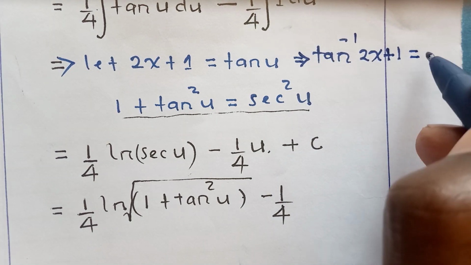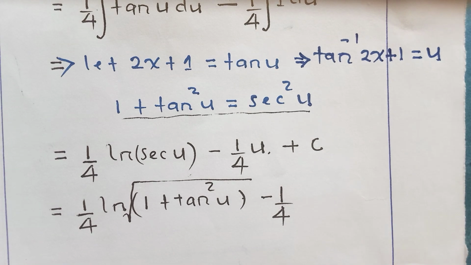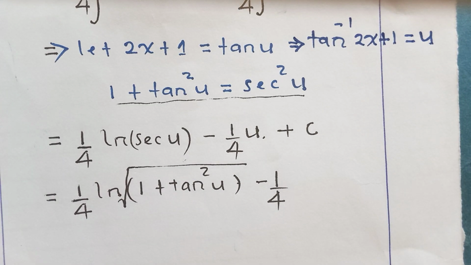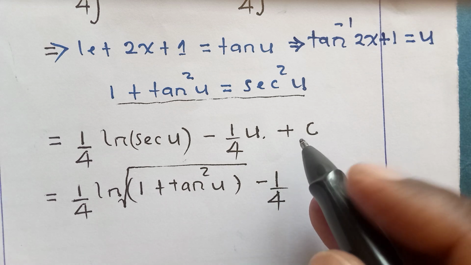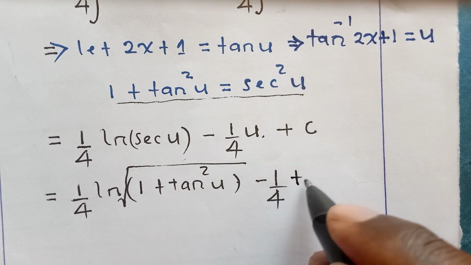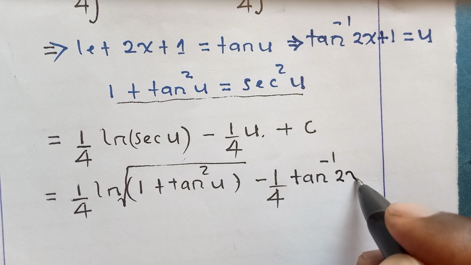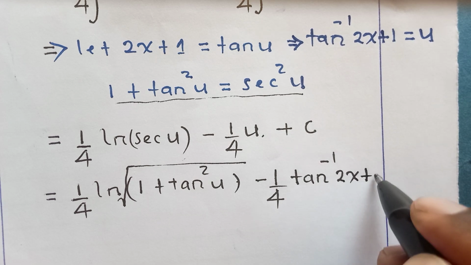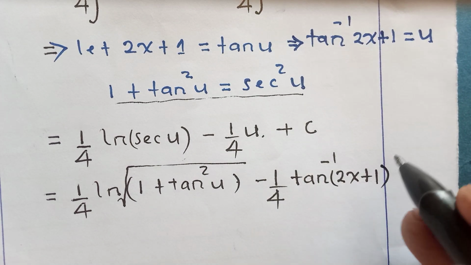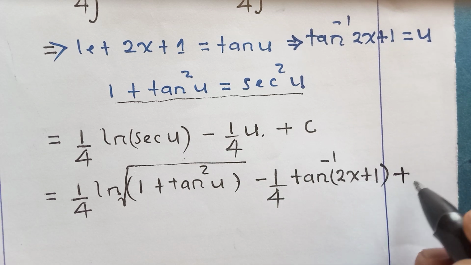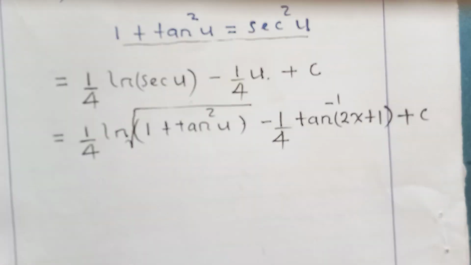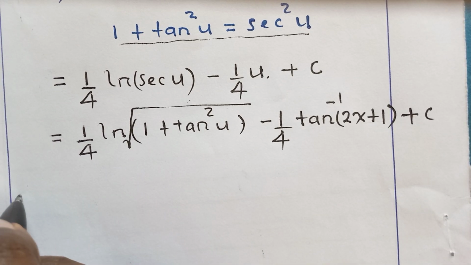This one gives us u. And so therefore, guys, instead of u, we'll have tan inverse 2x plus 1, like that. Then plus c. So finally, guys, this is now going to be our solution.